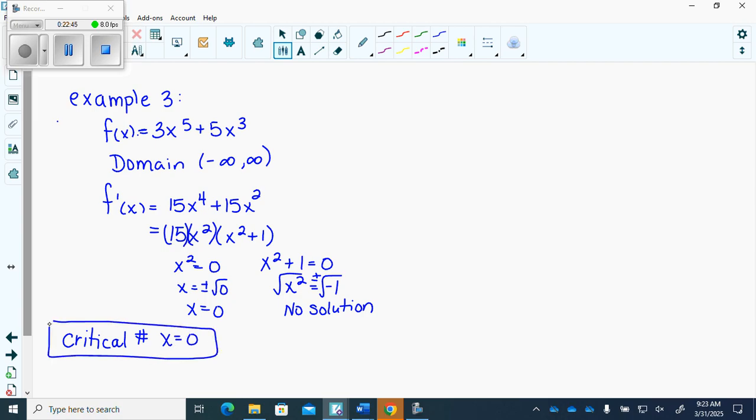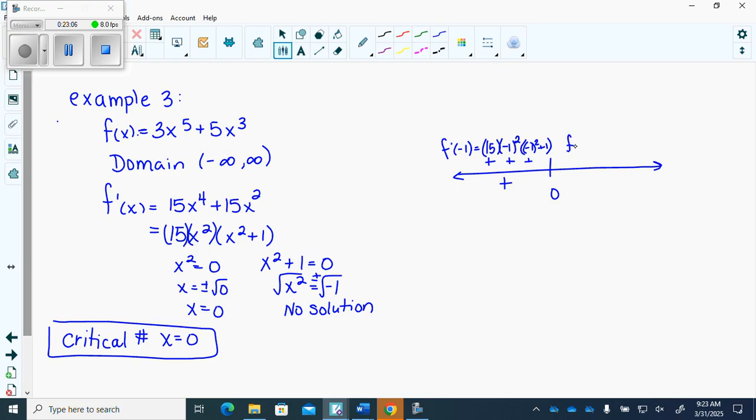Then we run our number line. And I do negative 1. So f prime of negative 1 equals 15 times negative 1 squared times negative 1 squared plus 1. It's a positive, a positive, a positive, so it's increasing.